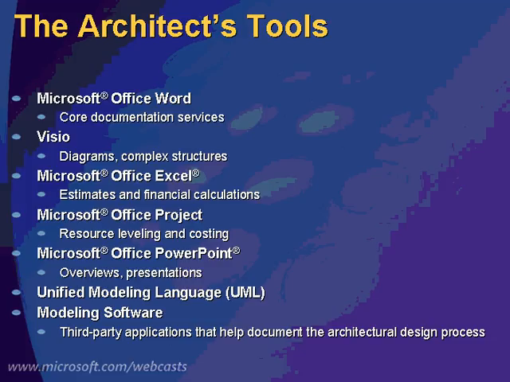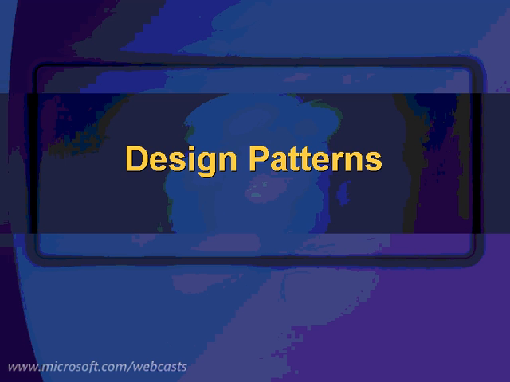A lot of times UML is also used to describe how processes need to work. And a lot of times they'll use third-party modeling software. So obviously this would be a play for where we could use tools like Visual Studio Team System or other applications that help you model applications for better communication and implementation.